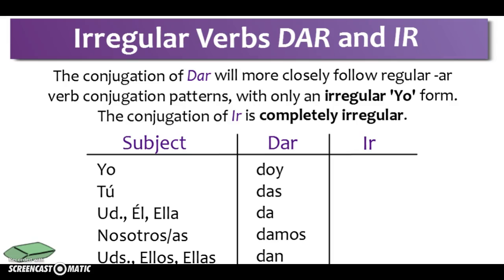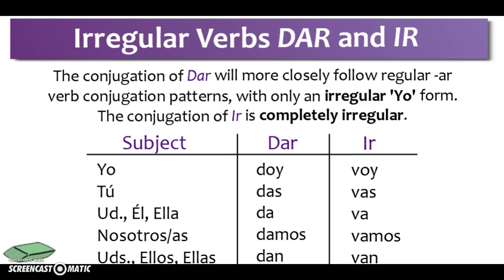Ir, however, is completely irregular. If you take off your infinitive ending of IR, you're left with nothing as a stem. We add an irregular stem, which is the letter V. And you'll see why I pair these two verbs together, because our conjugation is yo voy, tú vas, usted, él, and ella, va, nosotros and nosotras, vamos, and ustedes, ellos, and ellas, van.